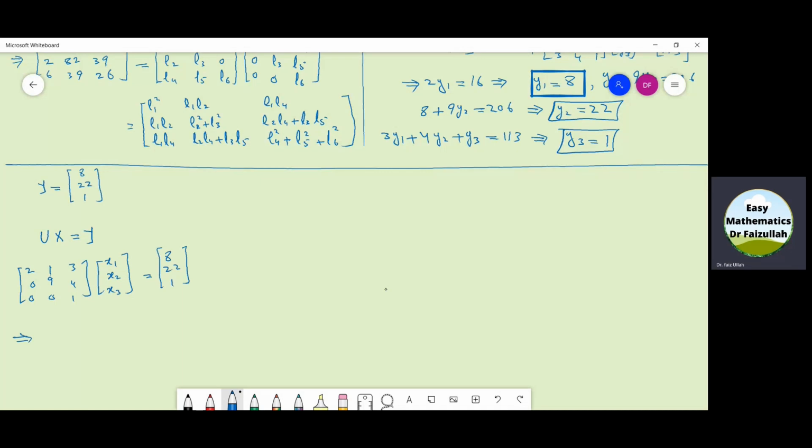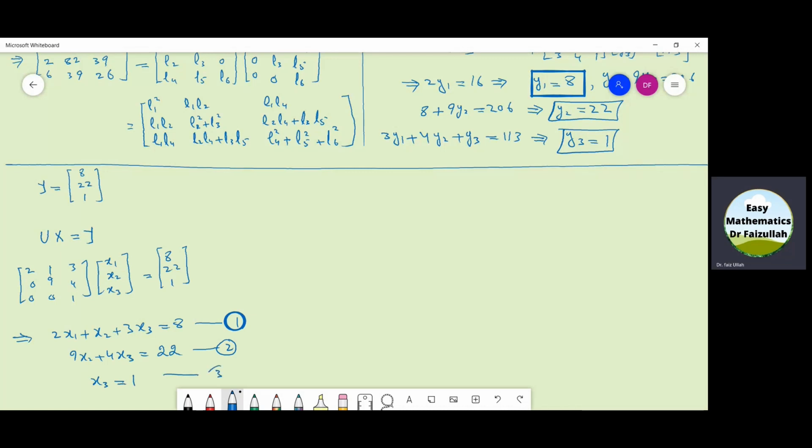Multiplying these equations, we have 2x1 plus x2 plus 3x3 is equal to 8. Let us say this is equation number 1. 9x2 plus 4x3 is equal to 22. Let us say this is equation number 2. From the third one, we have x3 is equal to 1.